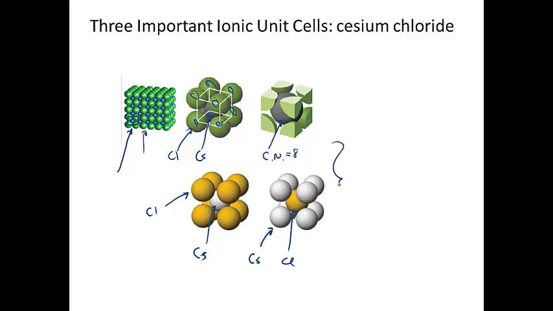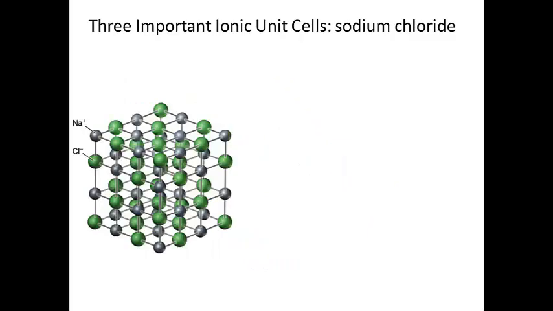This unit cell is adopted when the radius of the cation is about equal to the radius of the anion. And that's because it can do this switching thing. So when you have a relatively large cation and a relatively small anion, they'll be roughly the same size, and you get that kind of structure.